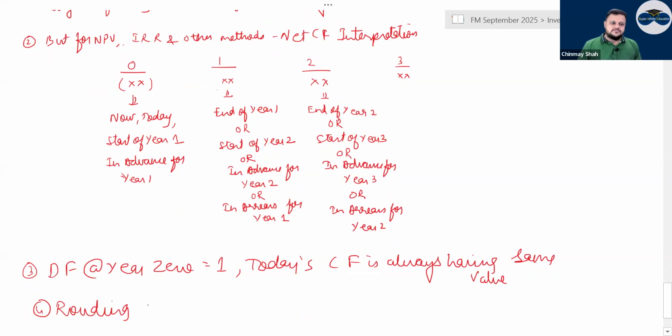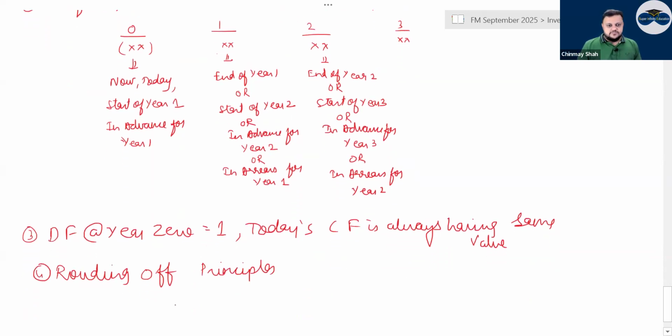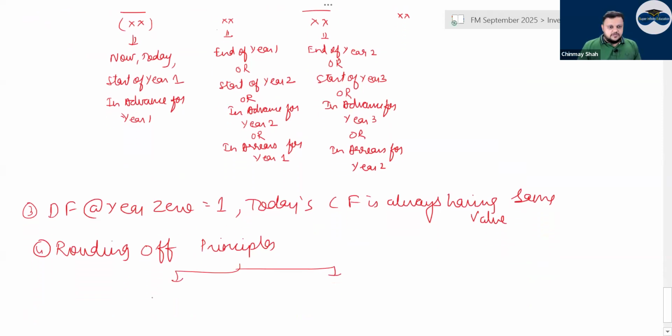Both rounding off principles. Write: 0.1 to 0.49, correct?